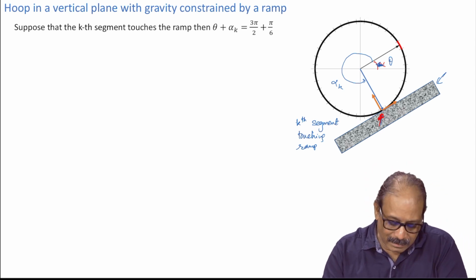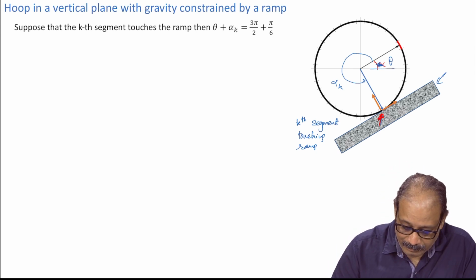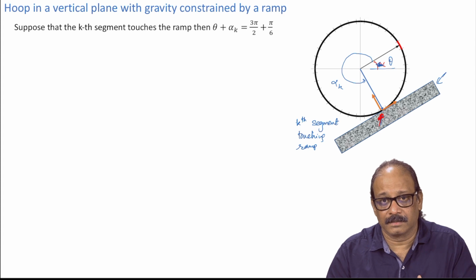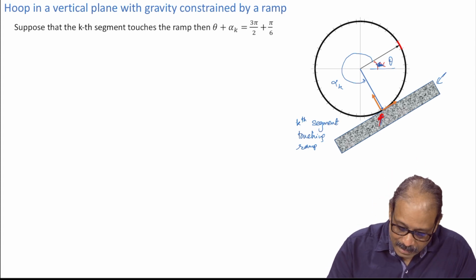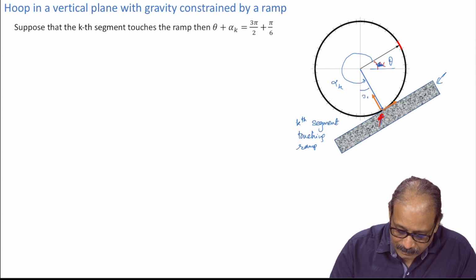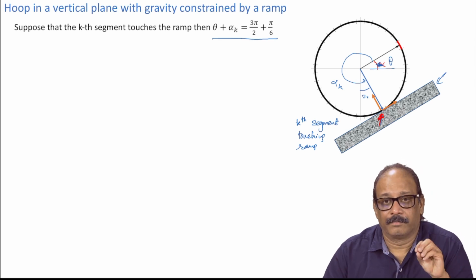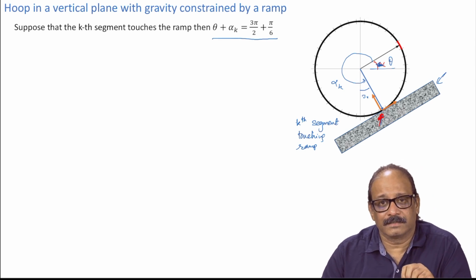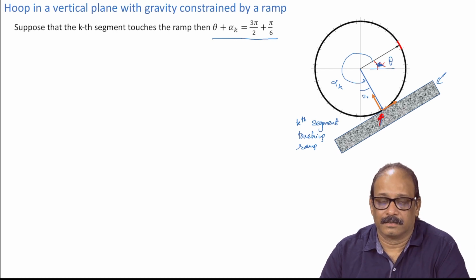That we can immediately see from geometry, that this must be the total angle measured from the horizontal axis or positive x axis, which is theta plus alpha k, that must be equal to 3 pi by 2 and another 30 degrees here. So, alpha plus theta k must be equal to 3 pi by 2 plus pi by 6 for that segment which touches the ramp.